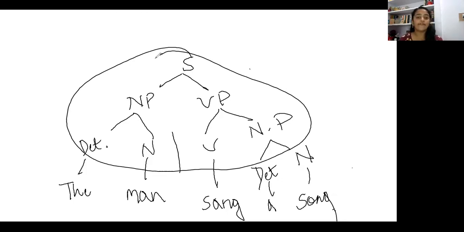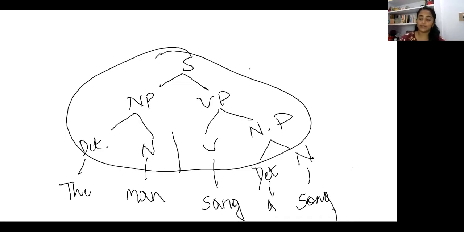So this is phrase structure grammar, where you are given a set of rules which are called PS rules or rewrite rules. And if you follow those rules, you'll be able to get a particular manner in which your sentences can be formed.